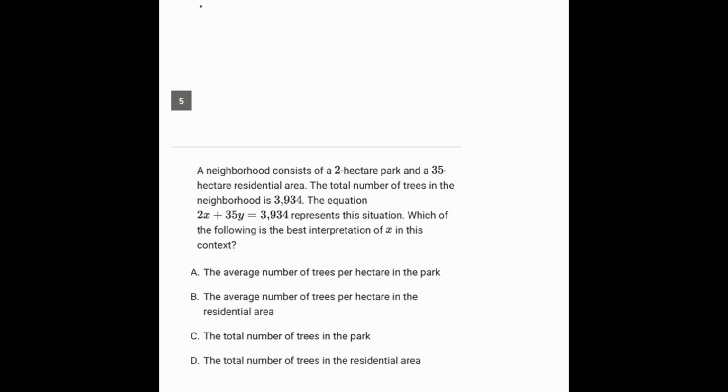So let's start by leaving a little space, and you'll see why we're doing this in a second. So for some of these items, we know the units, and for some we don't. For instance, we know that 3,934 is the total number of trees.